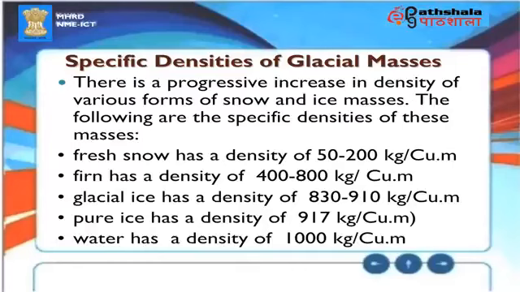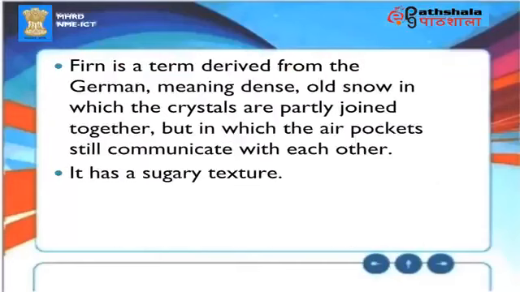Firn has a density of 400 to 800 kg per meter cubed. Glacial ice has a density of 830 to 910 kg per meter cubed. Pure ice has a density of 917 kg per meter cubed. Water has a density of 1000 kg per meter cubed.